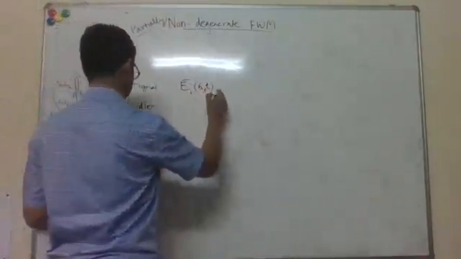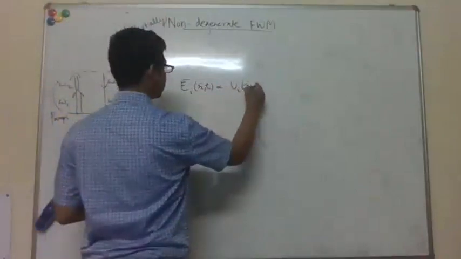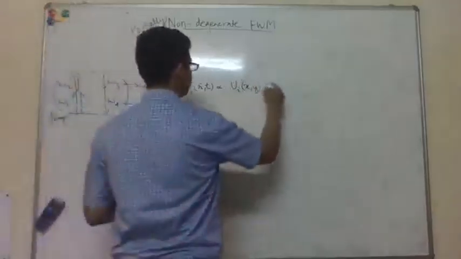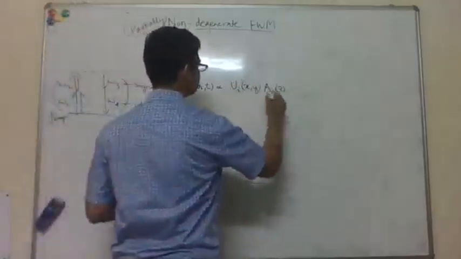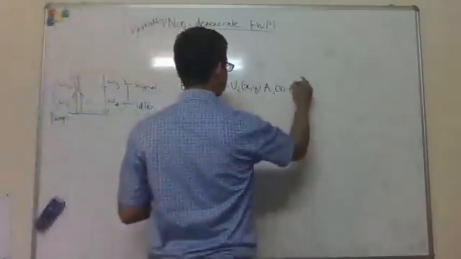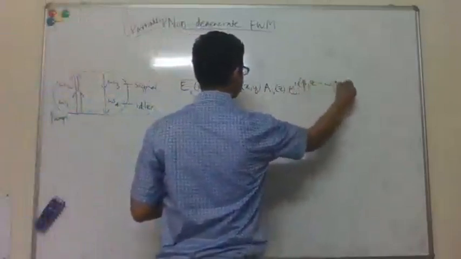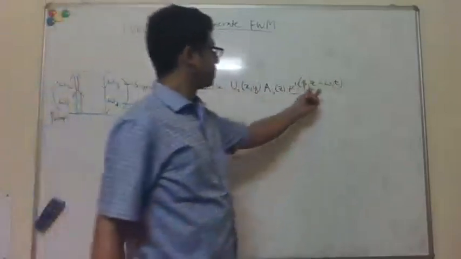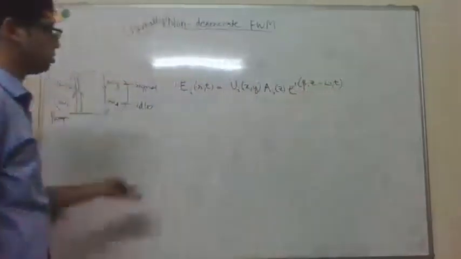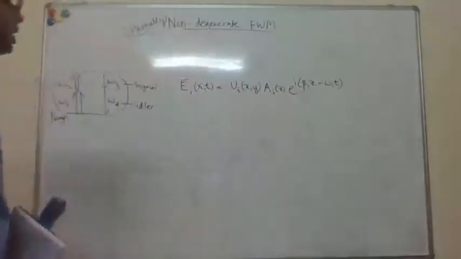So in a fiber or waveguide, you recall that the electric field mode I can write as a transverse mode profile times an amplitude, which changes as you propagate in this z direction, and then a phase which has, instead of kz, we write beta here for a propagating mode in a waveguide, and then the temporal phase is e to the i omega t.